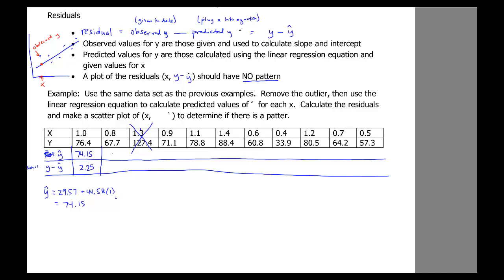So x here, our observed value is up here at this value of y. Our predicted is the y that's on the line.